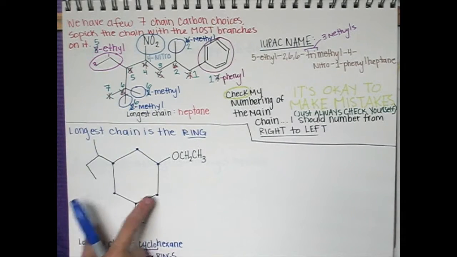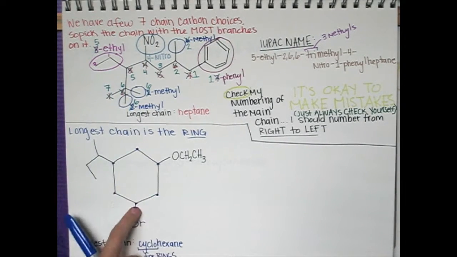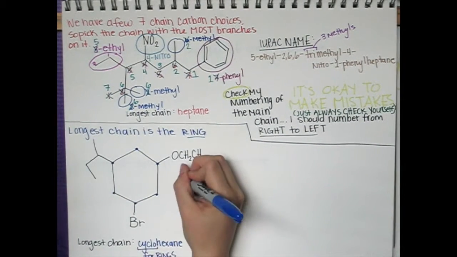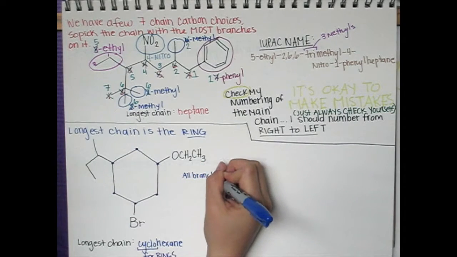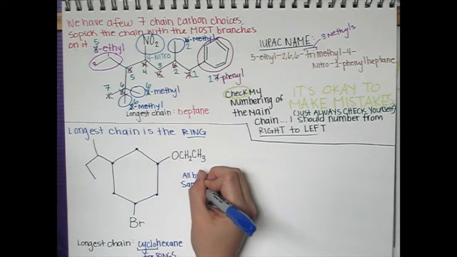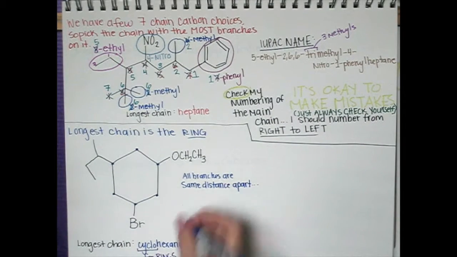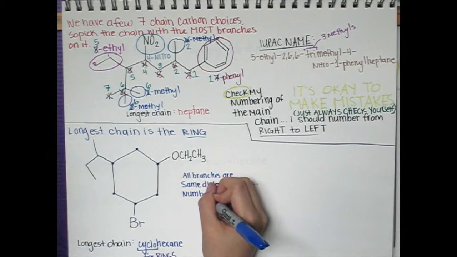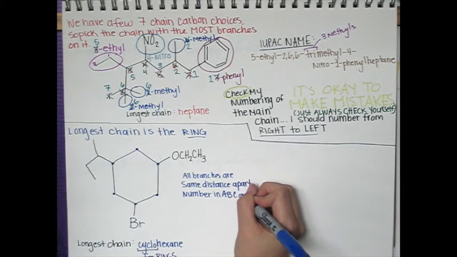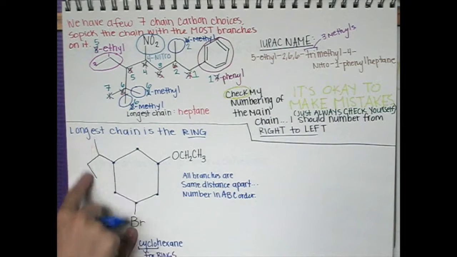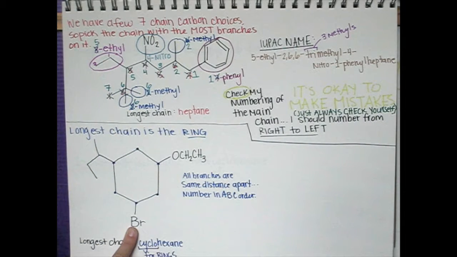Okay, so now we have to decide how we start to number this. All groups are the same distance apart, so we need to start with alphabetical order. Okay, so we have ethoxy, bromo, and S-butyl.